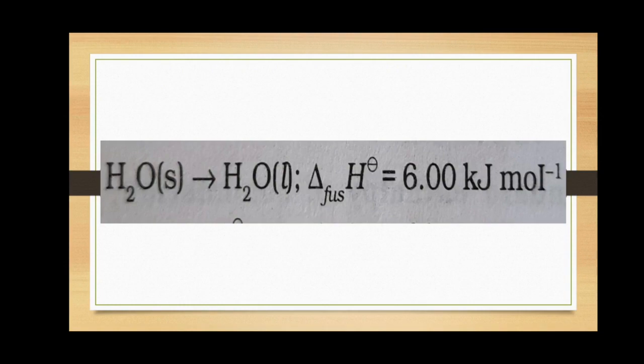During that conversion, the change in enthalpy, delta H, is given as 6 kilojoules per mole, and you can see the symbol written as delta fusion H, with a superscript indicating standard enthalpy of reaction.